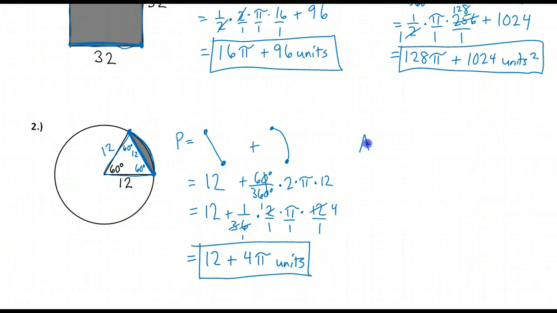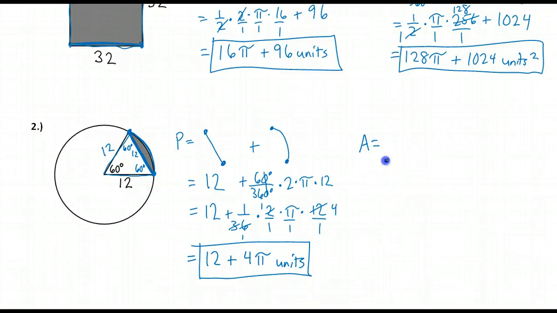The area in this problem is a little bit trickier. I want the area of just this shaded piece right here. To get that, I'm going to find the area of my entire sector and then subtract off the area of this triangle.